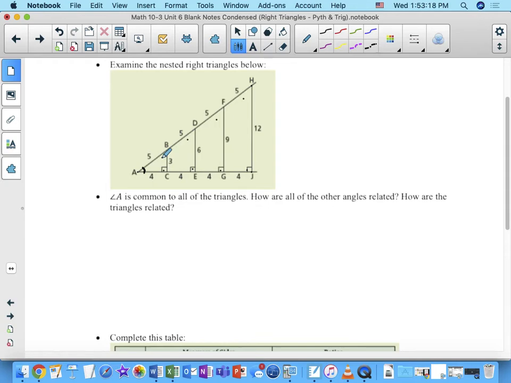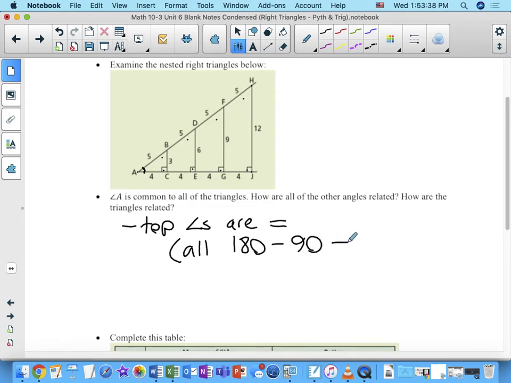So angle A is common to all of the triangles. How are all of the other angles related? Well, top angles are equal. And that's because they are all 180 minus 90 minus whatever angle A is. I gave the example of 40 degrees, but we don't know what it is.